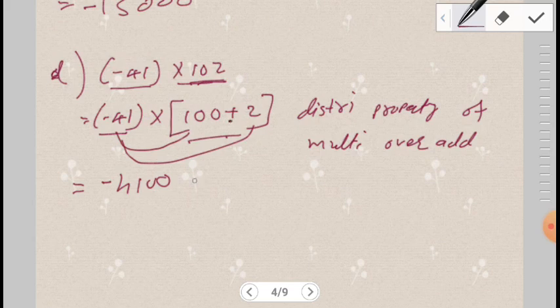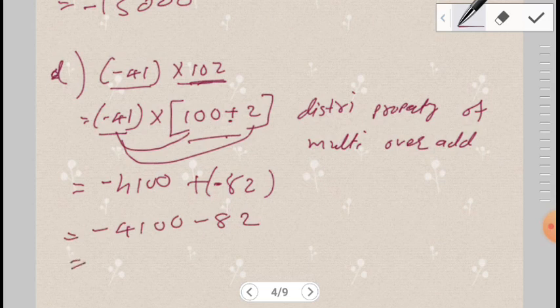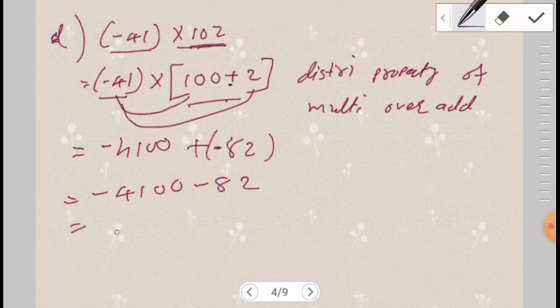Here we have plus sign, we will apply plus and minus 41 into 2, so 82 in plus minus minus, so minus form. So minus 4100 plus minus 82, minus minus plus, so its answer will be in minus, that is minus 4182.